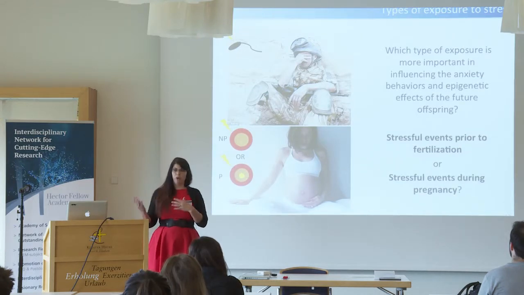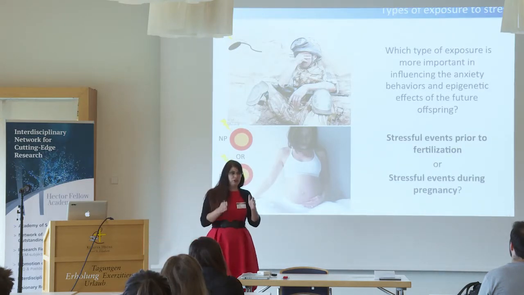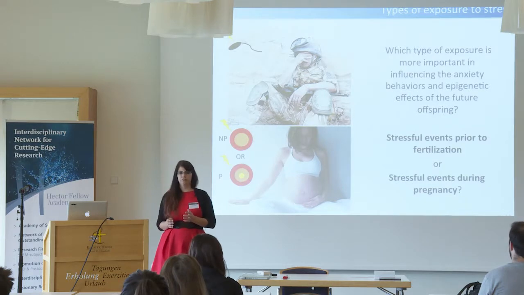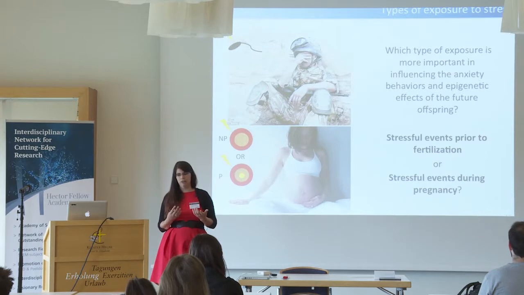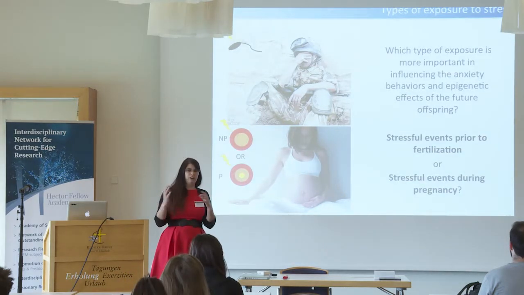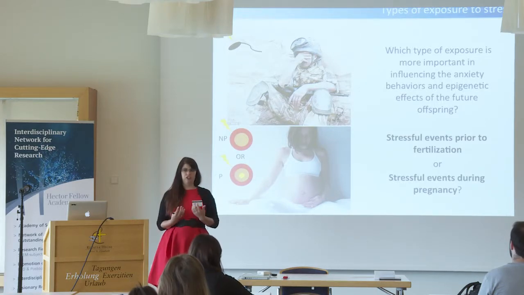So which is more important? Is it the stress that occurs right before fertilization, or is it the stress that happens during pregnancy? And that's what we're really able to ask with this system, is we can understand the types of roles the placenta might play in regulating epigenetic changes.